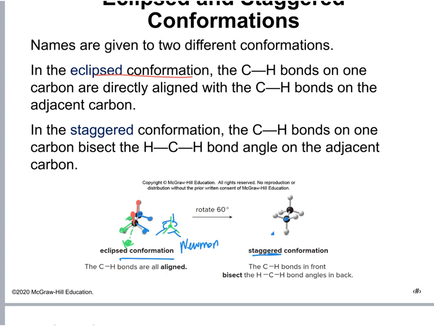And so if your eyeball looks through there, then how do you capture that? Well, if you make these your hydrogens coming off of your front carbon, and then you make that your back carbon, that's the circle, the back carbon, you see that that is your staggered conformation. And the staggered conformation is going to be your lower energy conformation.